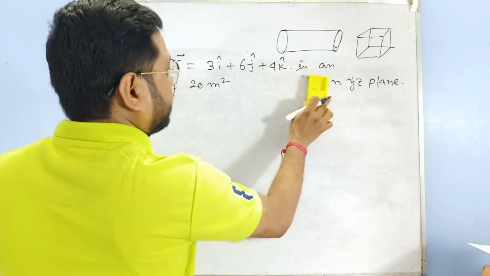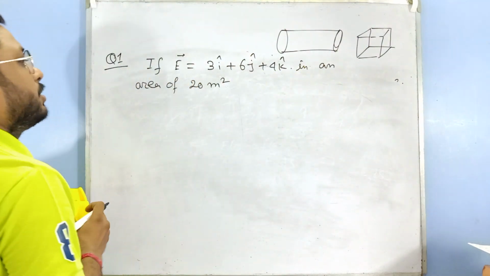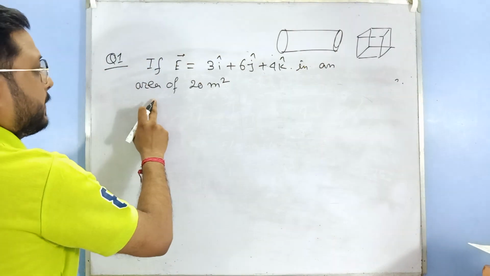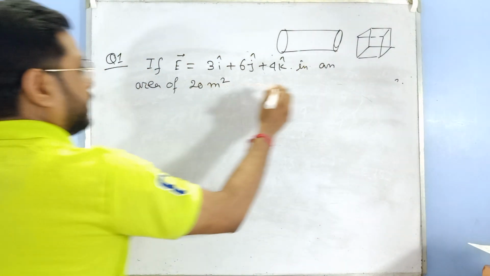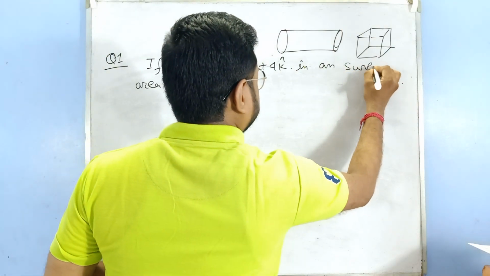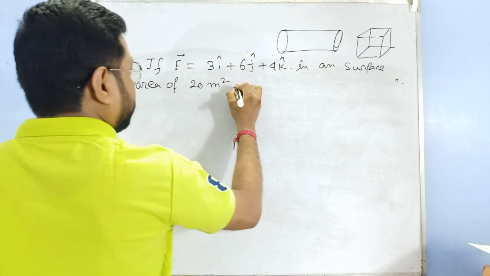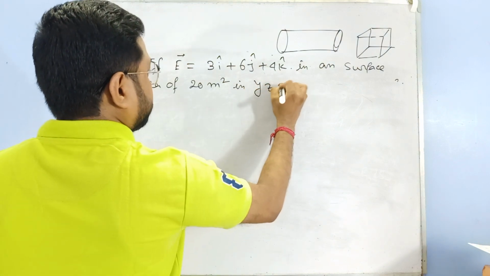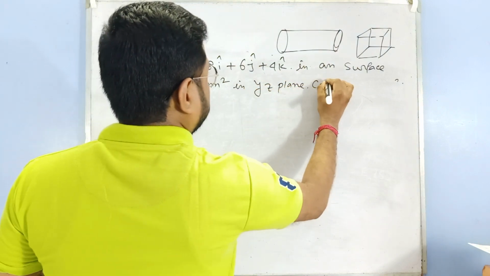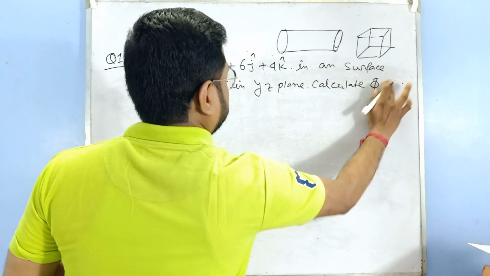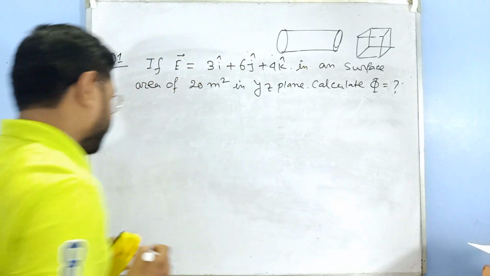Or we can say that E equals 3i cap, 6j cap, 4k cap in a surface area of 20 meter square in the YZ plane. Calculate phi, the electric flux. Calculate what is the value of phi.